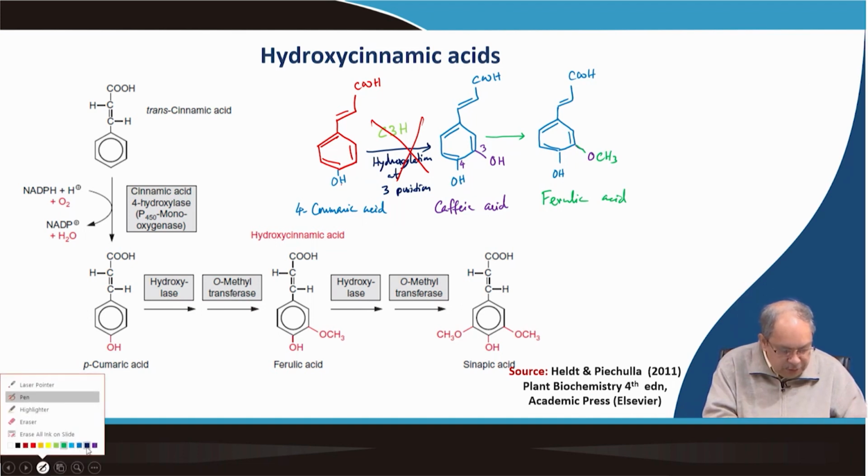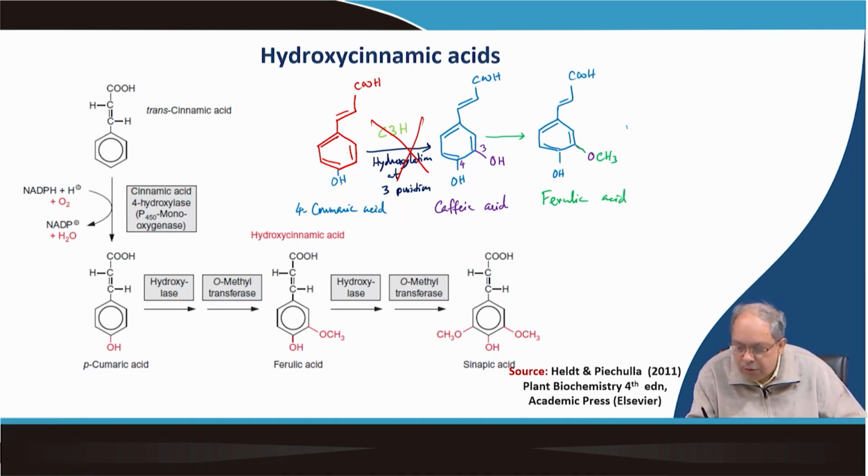Then there is another structure which was also elucidated.